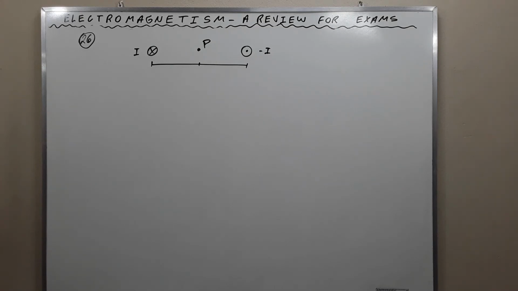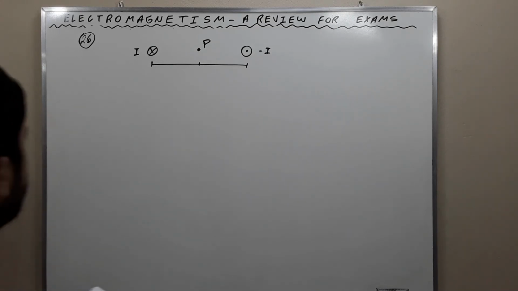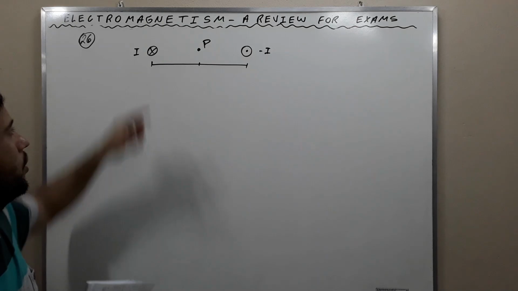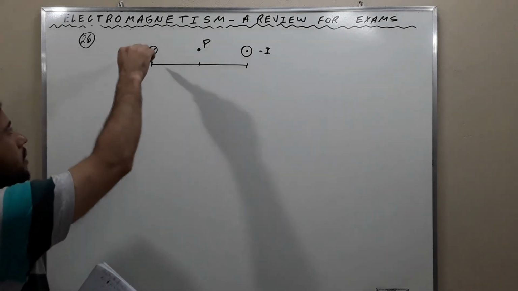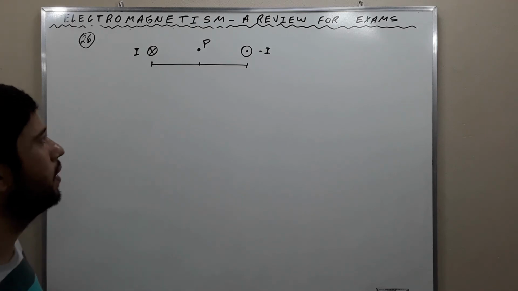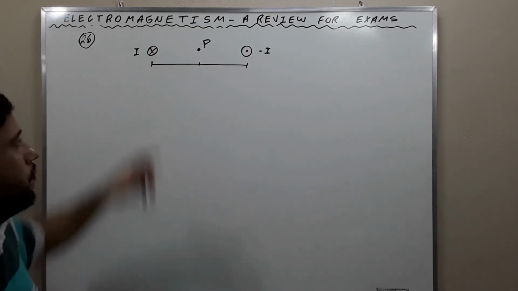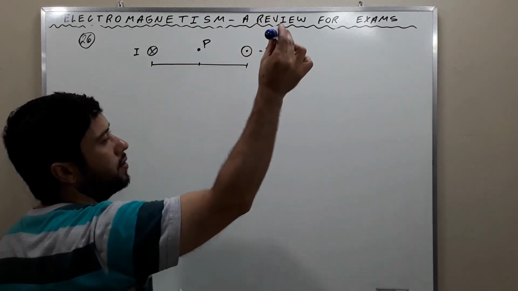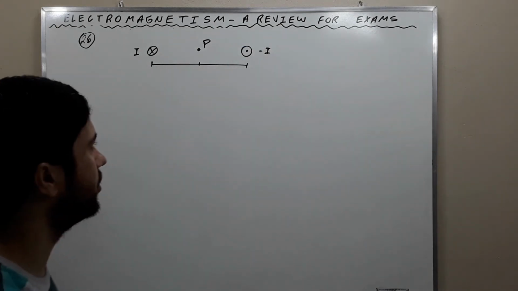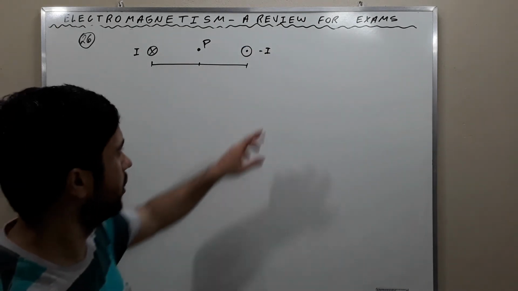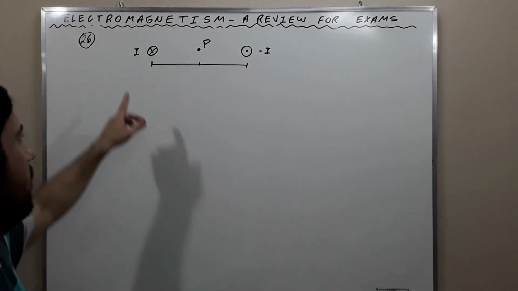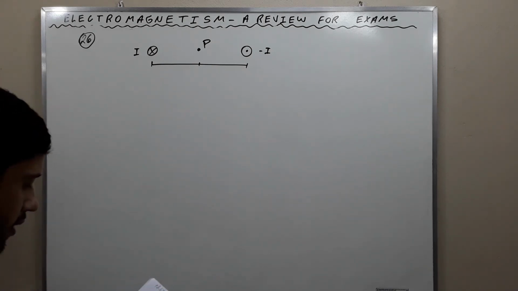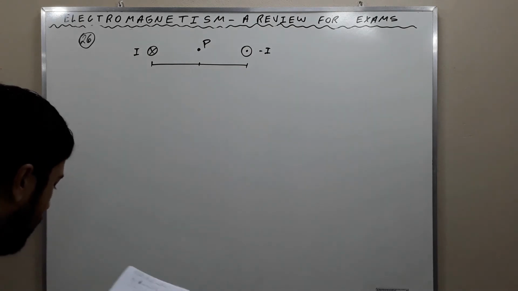Calculate the magnetic field at point P. This is conductor 1, which carries current in the direction entering the board, and the current is I, and this conductor here carries current going out of the board, and the current is negative I. This is positive I, this is negative I. We want to calculate the magnetic field at P. So let's do it.